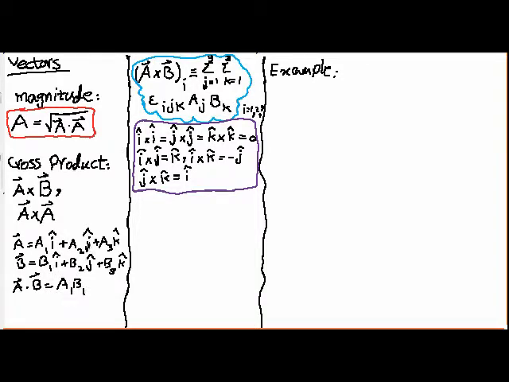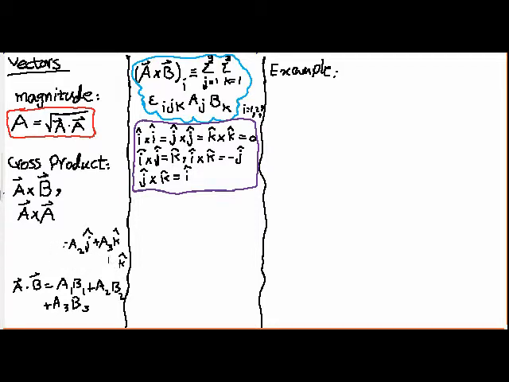For j hat, only j hat by j hat is non-zero and the rest are 0, so A2 and B2 are multiplied, and the same for A3 and B3. This is always true, so we can write our dot product in this way.